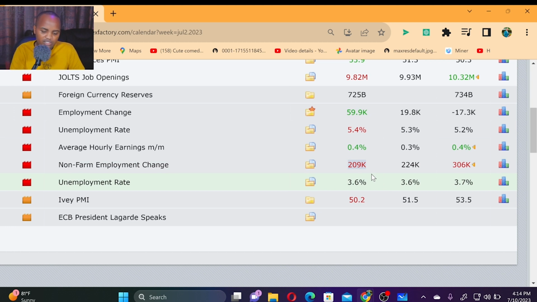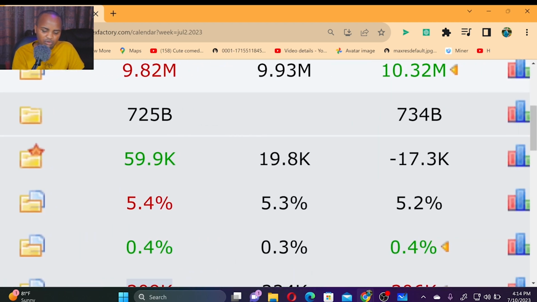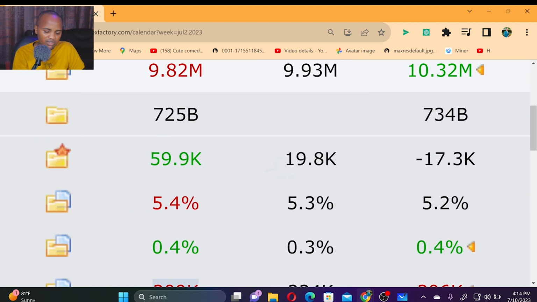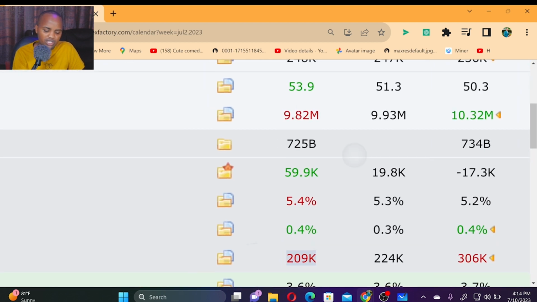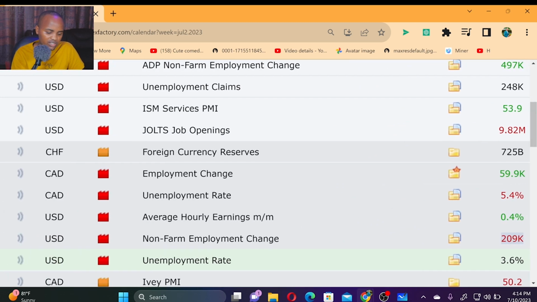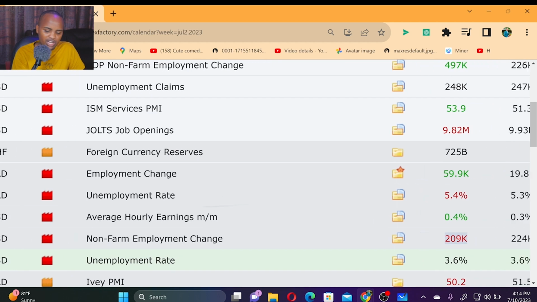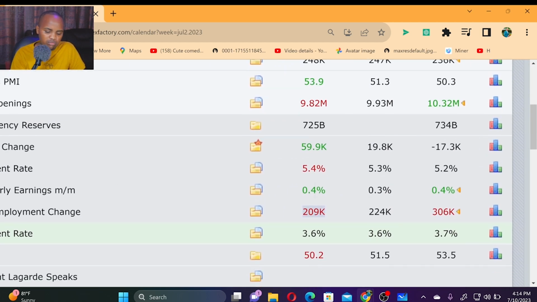For example, we have the employment coming from negative 13.37, and now it printed 59.9K, and this is a positive one. That's why it is in green. That is employment change in Canada.